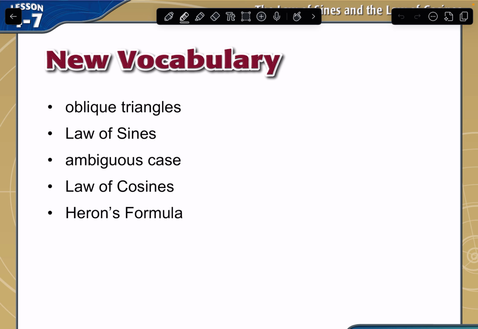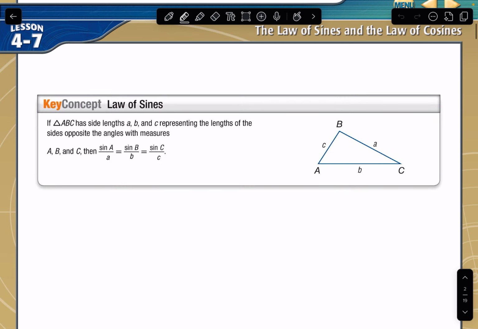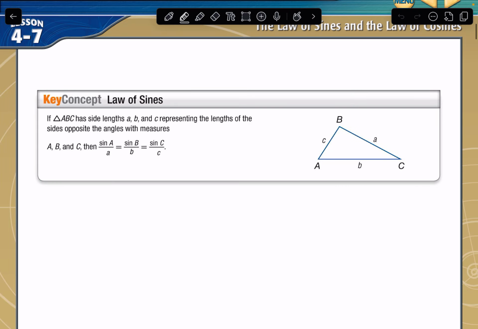Examples 1 and 2 are just law of sine. So the first concept you will see on the screen is law of sine. Law of sine is basically saying that sine A, so the capital letters are all in reference to the angle measure, and the lowercase letters are all in reference to the side length.